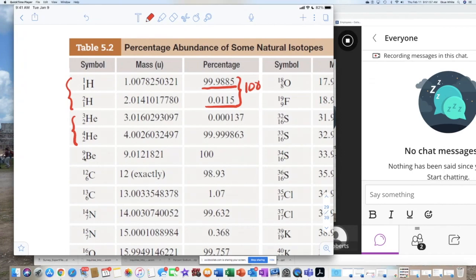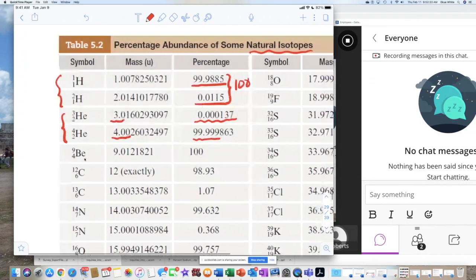If you were asked to find a natural sample of helium, we're told from this table, you will find more of helium with a mass of 4 than you would helium with a mass of 3. How much more? You will find 99.999% more helium 4 than you would helium that has a mass of 3. The one with the mass of 3 is so small in the abundance that we can almost ignore it, right?